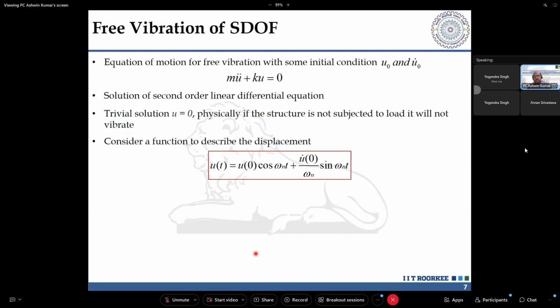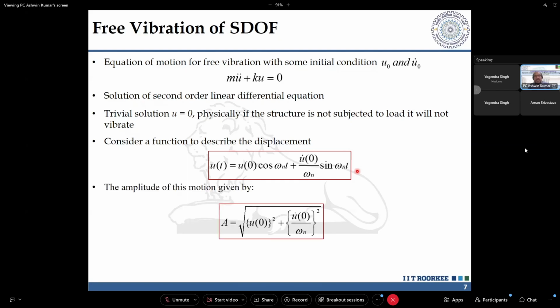You apply that condition to the system and solve for the coefficients c1 and c2, and you come up with this solution of the displacement time history that you see here, which consists of the initial displacement value times cos omega t plus initial velocity by omega n times sin omega n t. This is the solution of the displacement time history of the single degree of freedom system when it is undergoing free vibration, right?